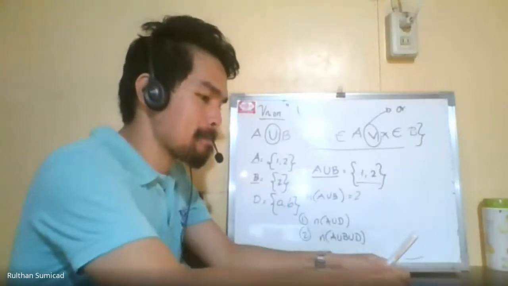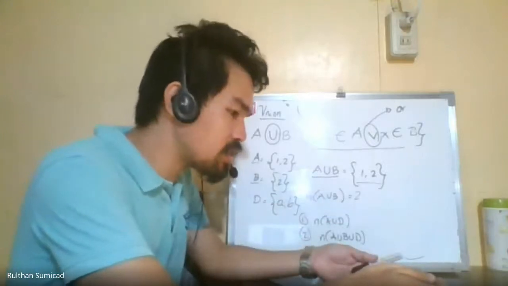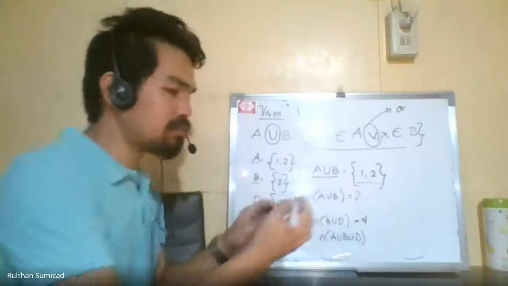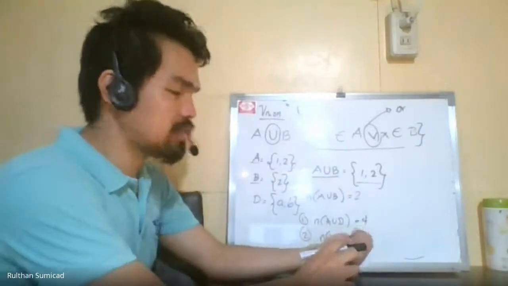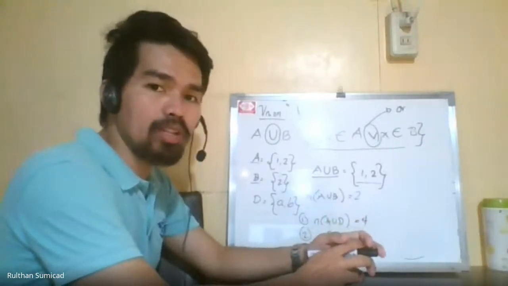Sir, what is our answer for number one? The cardinality of A union D. 4, sir. Your answer here is four. Let's find out if indeed four really is the answer. What are these four elements of A union D?